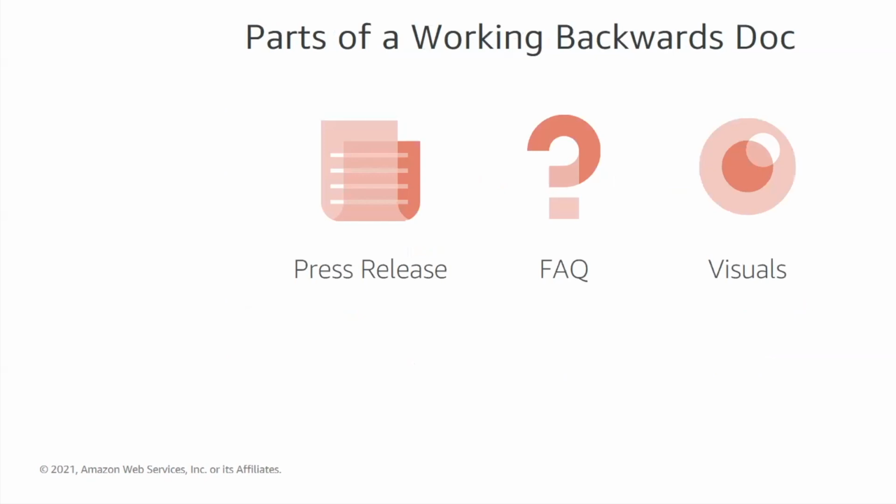And what's part of a working backwards document at Amazon? First, the actual press release. We're going to talk about that in a moment, but it's a 1-page press release that explains what we are launching and why, the benefits, and all of these things.